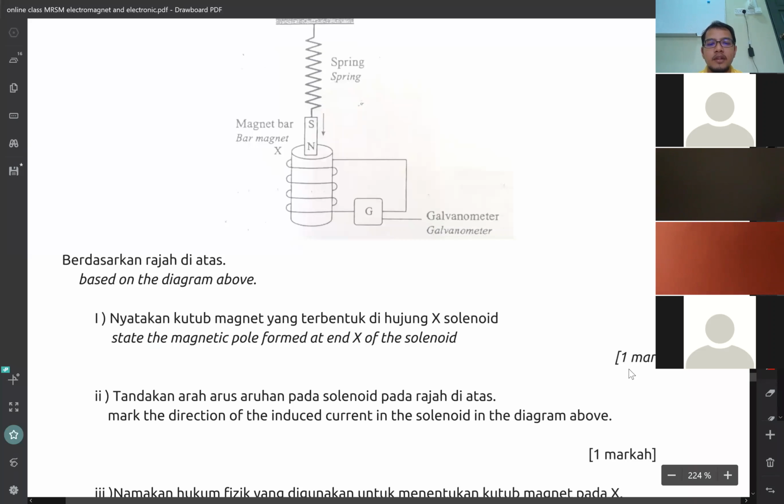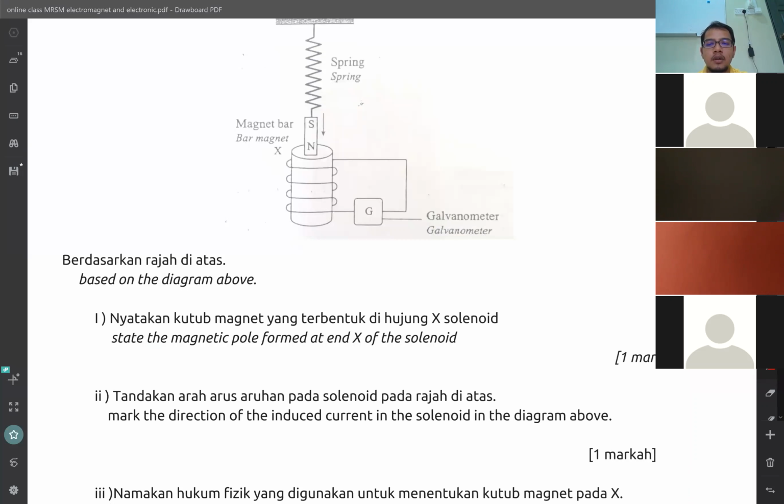Remember the step: the first one, see the direction of magnet movement. Because if it moves towards the pole, it will be the same.